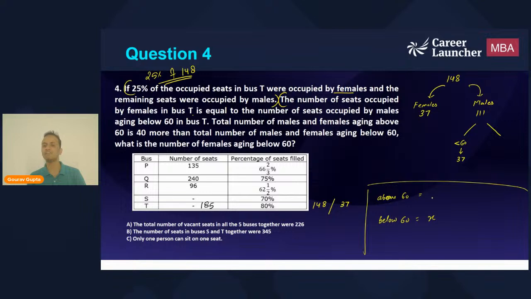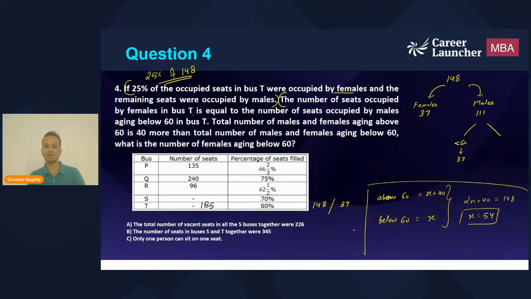So below 60, if it is X, then above 60, it will be X plus 40. And the sum of these two should be equal to the total number of males and females, right? So the sum of these two, 2X plus 40, is equal to 148, right? So the value of X will come out to be 54.